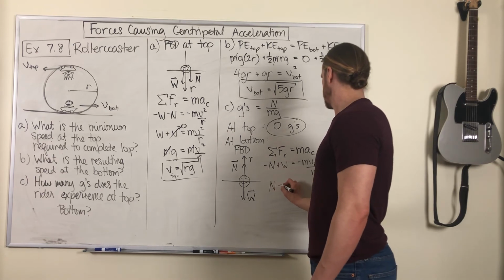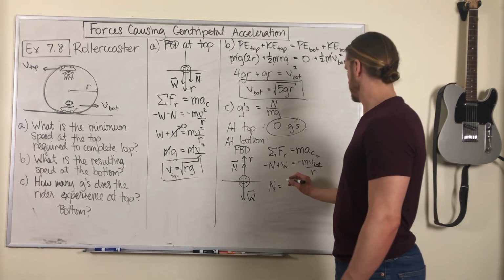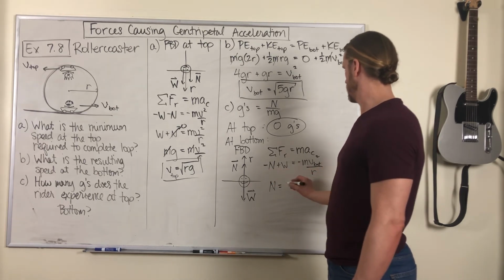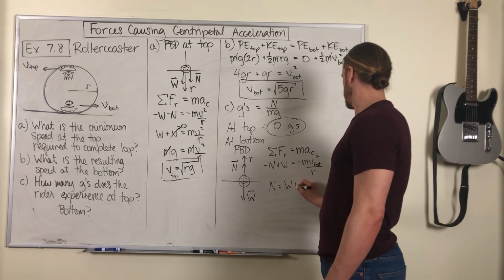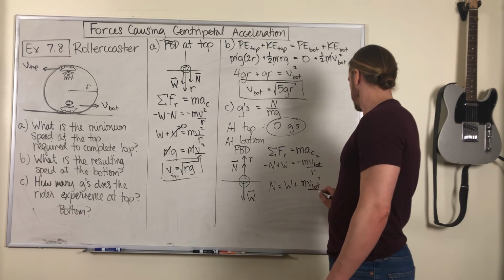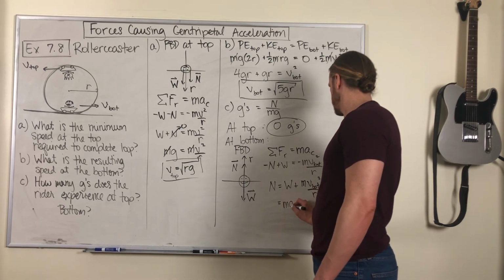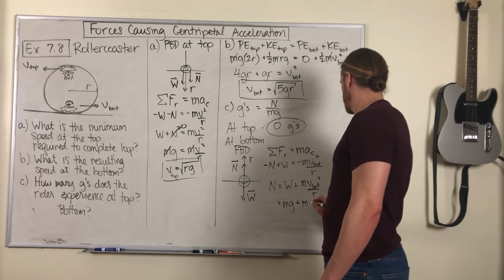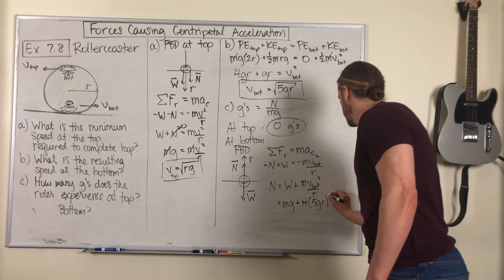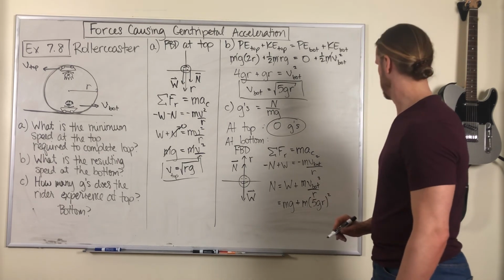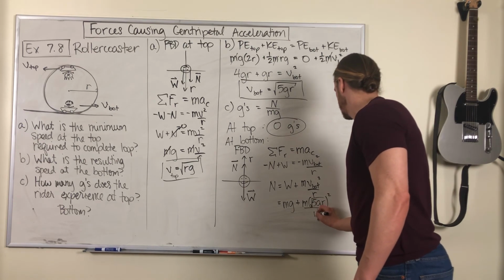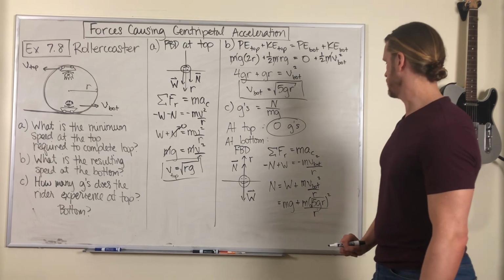So n equals, let's get all these signs right, w plus mv squared over r, or mg plus m times the square root of 5gr, oops, squared, over r.